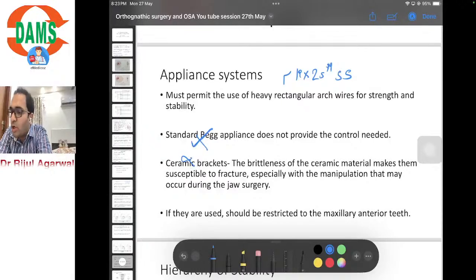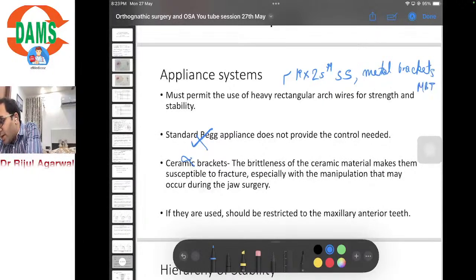Ceramic brackets can only be used if the patient demands, and only on the anterior teeth. So 19-25 SS, metal brackets, and that too MBT metal brackets should be present on full upper and lower 7 to 7 with 6-7 banded. Okay, so this is the appliance system needed before the patient is taken for orthognathic surgery.